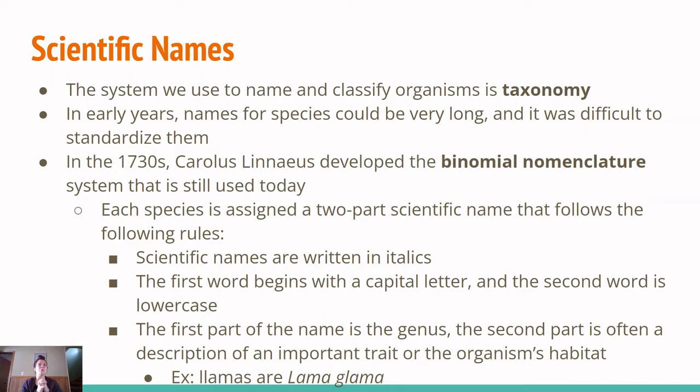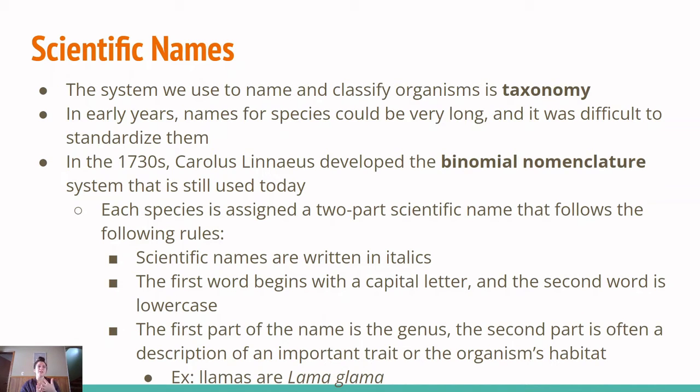Okay? So they kind of discovered that we wanted to have some kind of standardization for naming organisms, okay? Just like we all want to use the same measurements, we use the metric system because all scientists want to use the same measurements, we all want to use the same names. So the idea of scientific names came up a long time ago, but some of those names for species got really, really long and it was difficult to make them all the same.